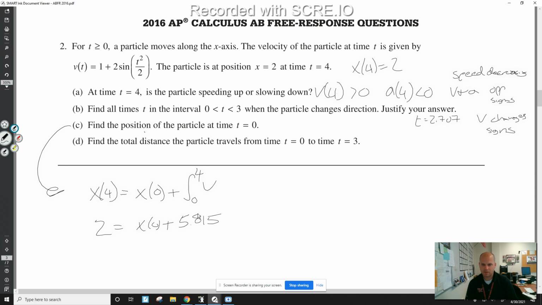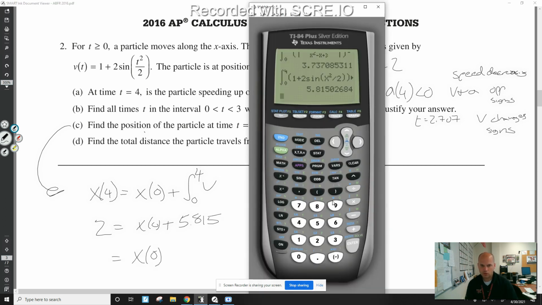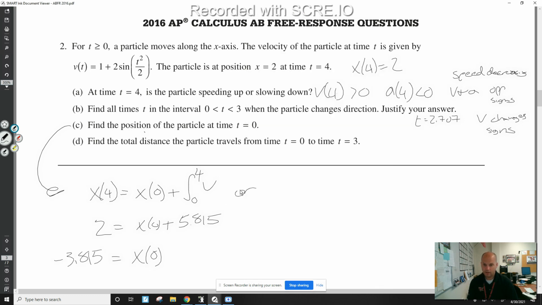That's my displacement. You would subtract that. Boom. There's one way to get the answer. 2 minus that answer. Negative 3.815. That's my position.